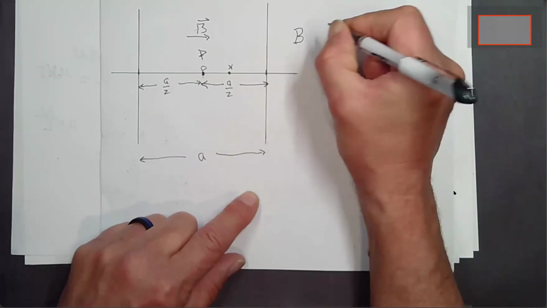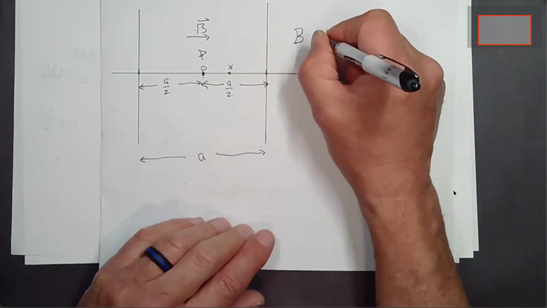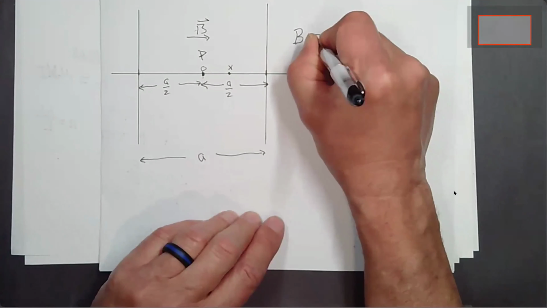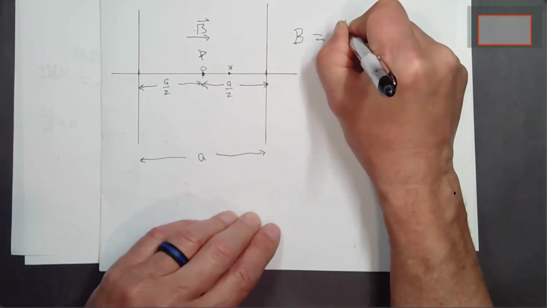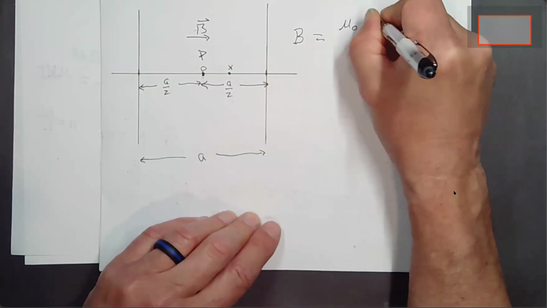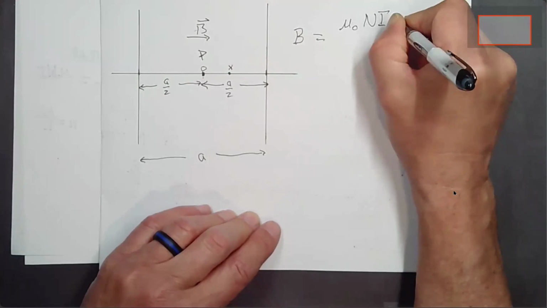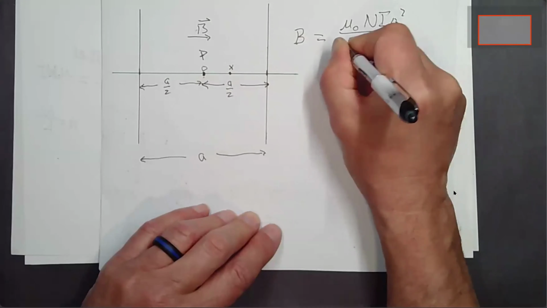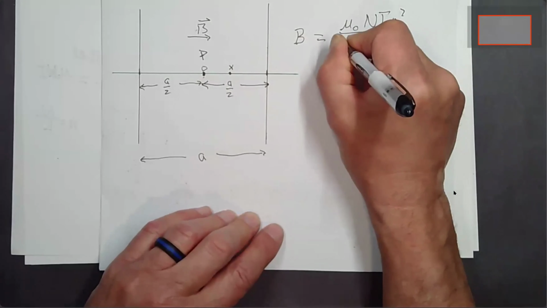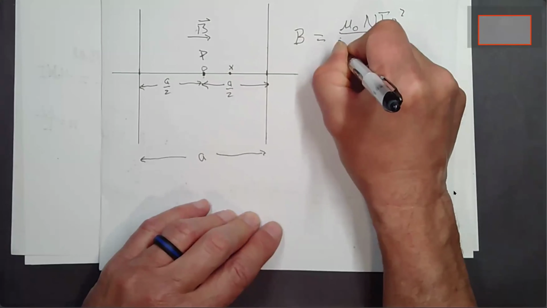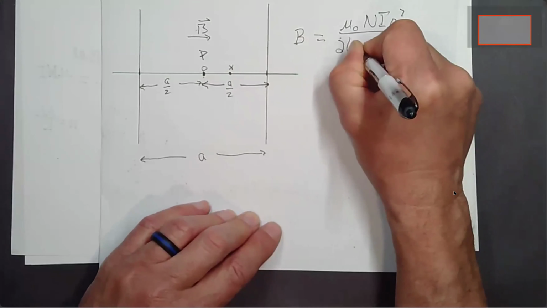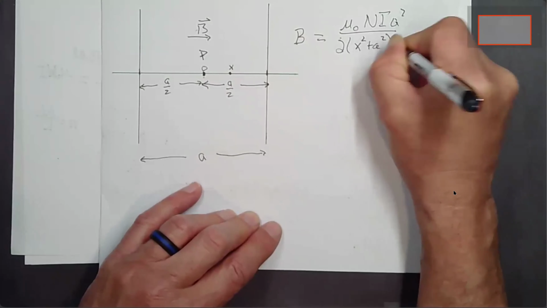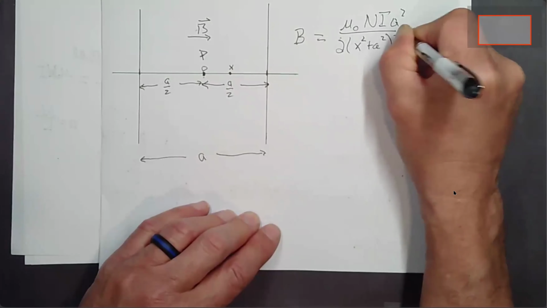For a single coil of N turns, or like just this one or just this one, it would look like mu naught N I A squared divided by, pretty complicated expression, 2 times x squared plus a squared to the 3/2.